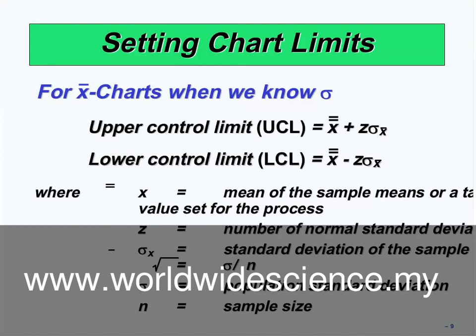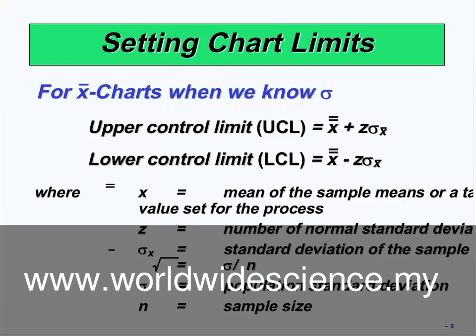They cannot exceed this limitation. So sigma and Z, according to the accuracy of the products, are given to operation managers.